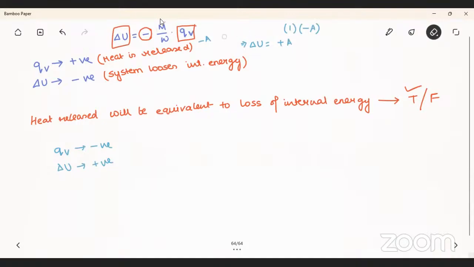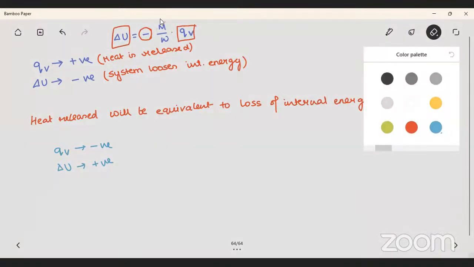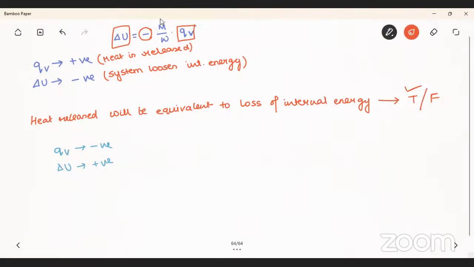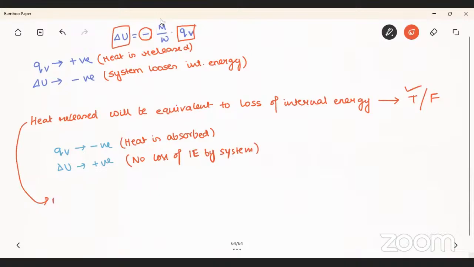Yes, ma'am. Good. So what is the interpretation? QV negative means heat is absorbed. And delta U positive means the system gains internal energy. So just the reverse of this statement is also true. Is this part clear?